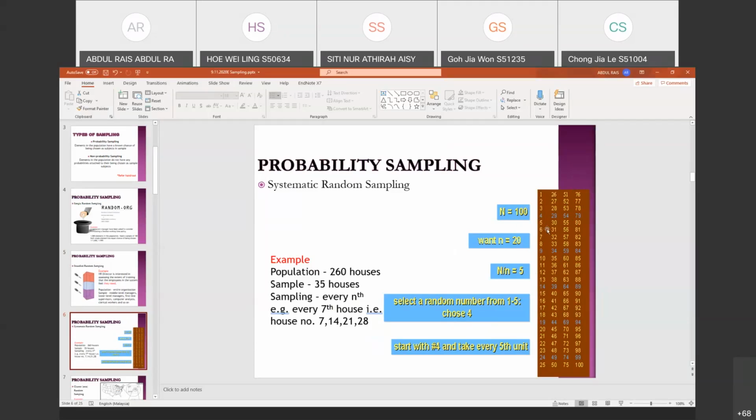So between these 5 subgroups, you akan pilih berapa? Dalam 5 hingga 6 until you reach the amount of 100 or whatever sample that you need lah. Okay.